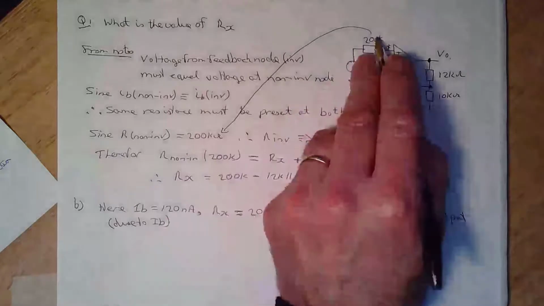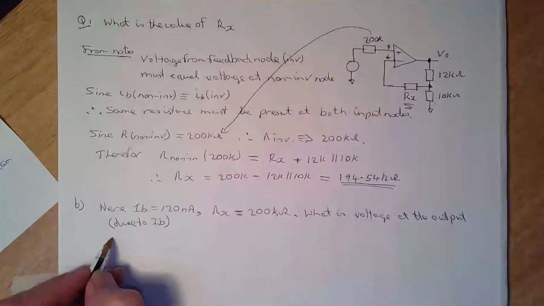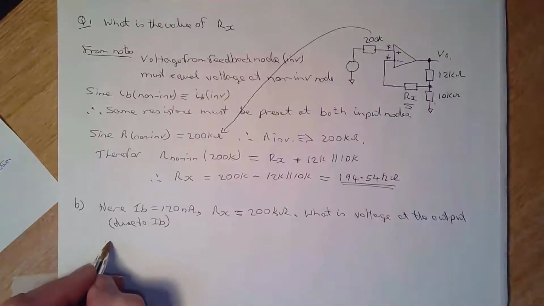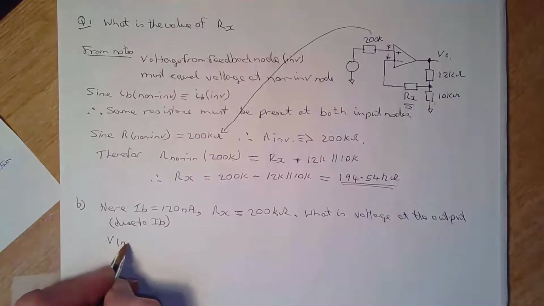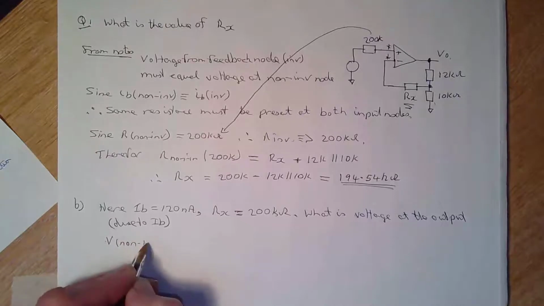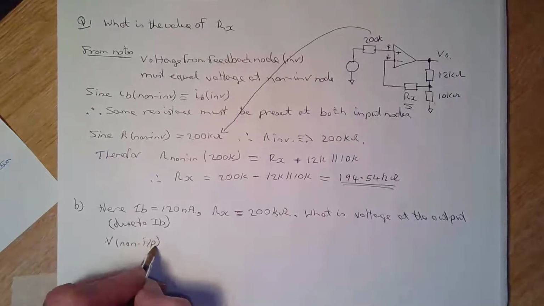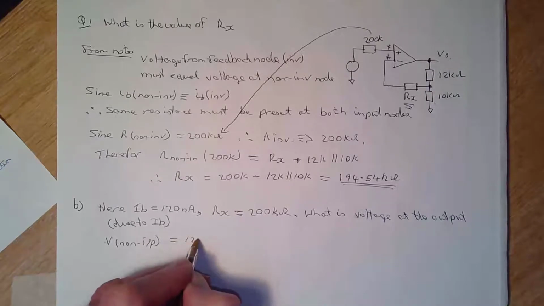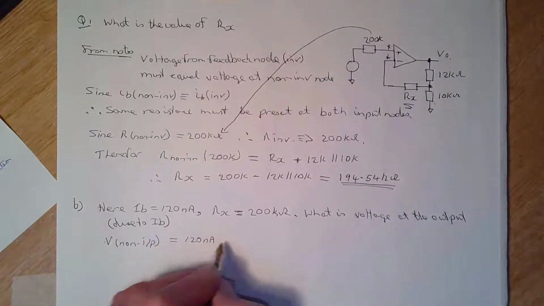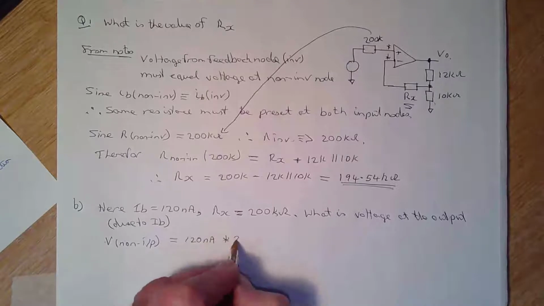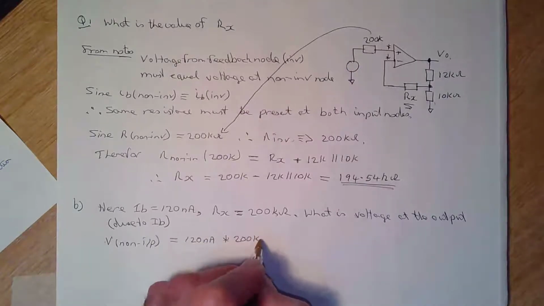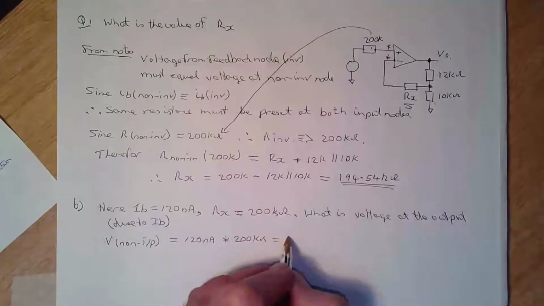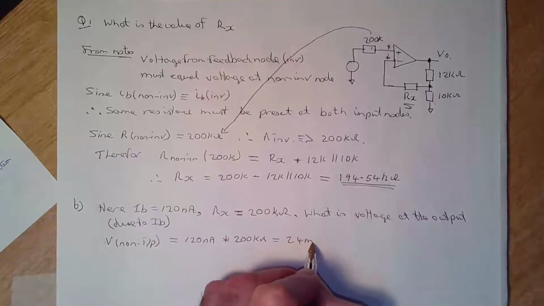We know that the resistance at the non-inverting input is 200 k ohms, so V of non-inverting input equals 120 nanoamps times 200 k ohms, this one up here, which equals 24 millivolts.